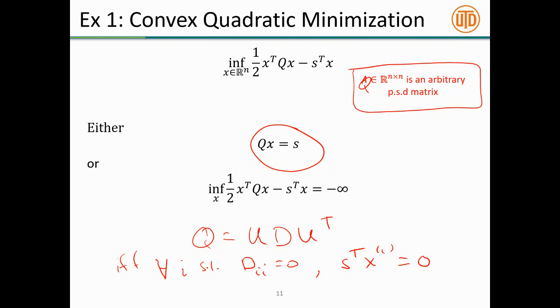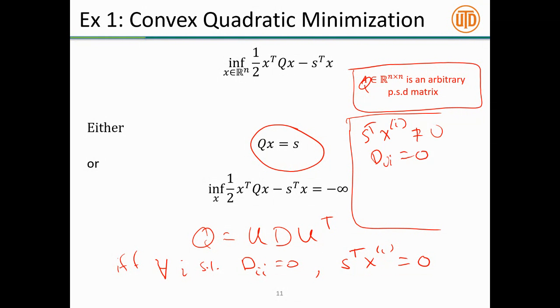To see really formally, algebraically, why that's the case, again, let's take the simplest case and suppose, without loss of generality, that S transpose x_i is not equal to 0, and d_ii is equal to 0. So the complement of the statement I've got down here.